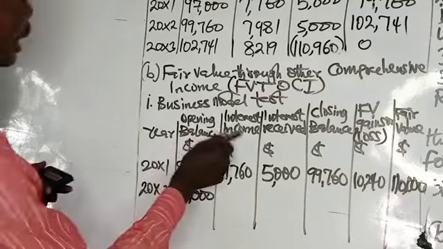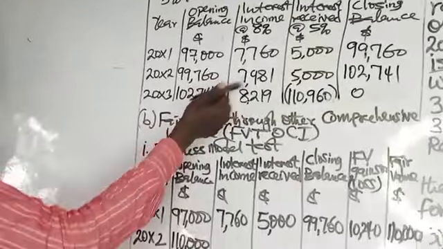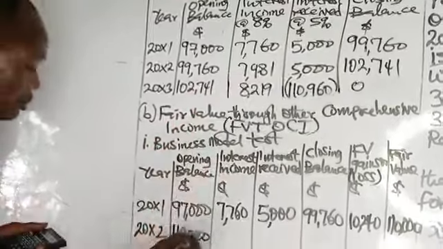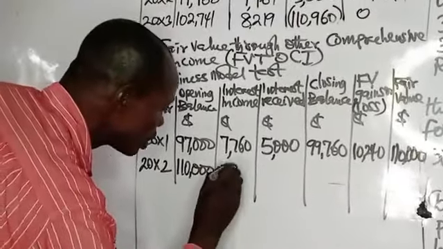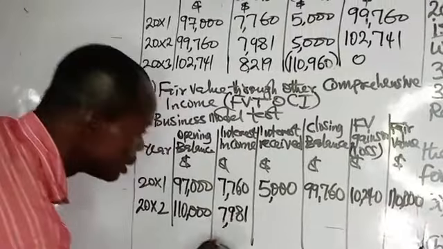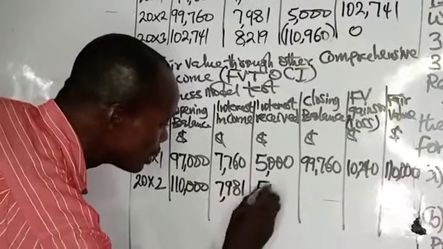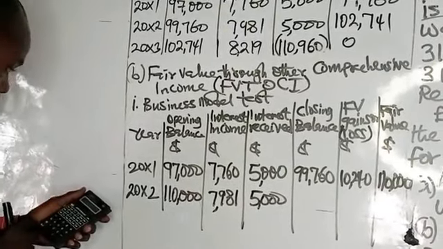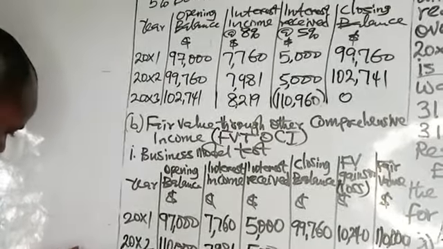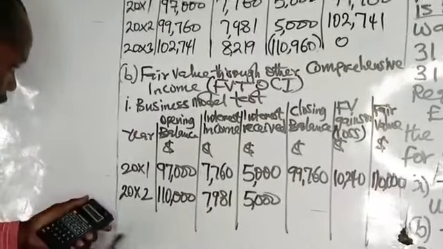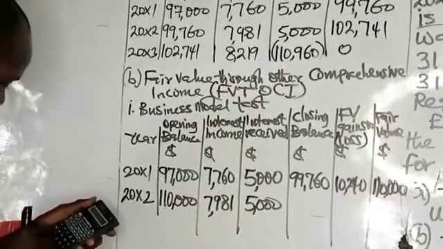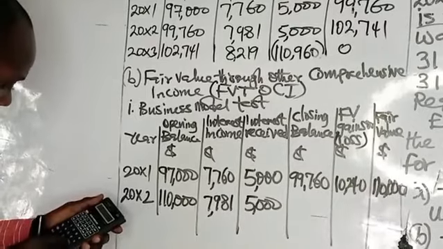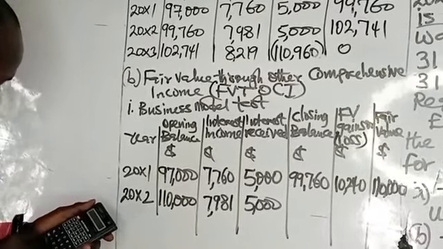Then how much is the interest income for the second year? The interest income as calculated earlier is 7,981. The interest received remains 5,000. So 110,000 plus 7,981 minus 5,000.